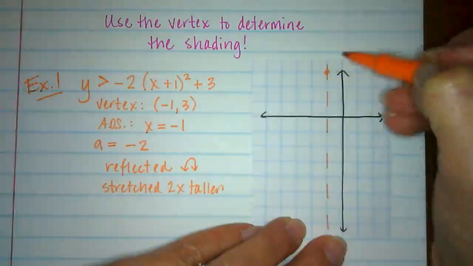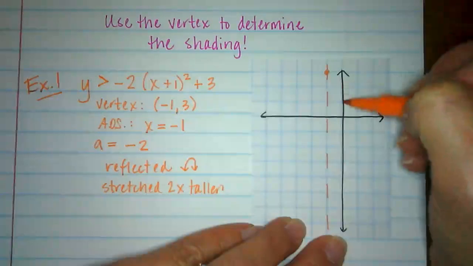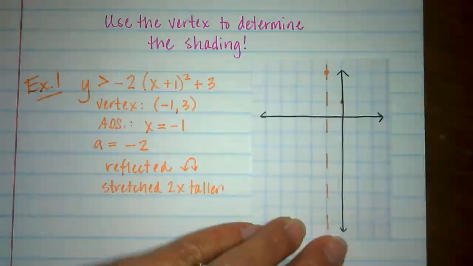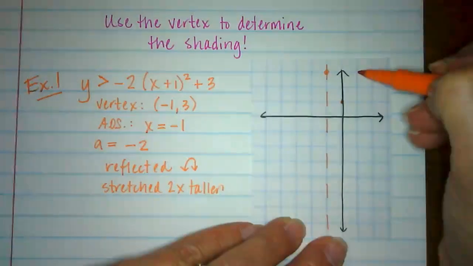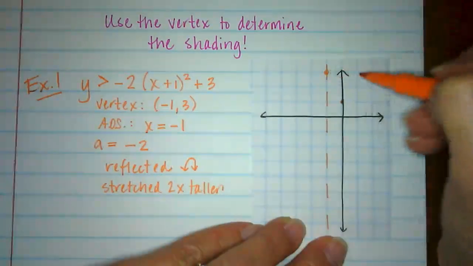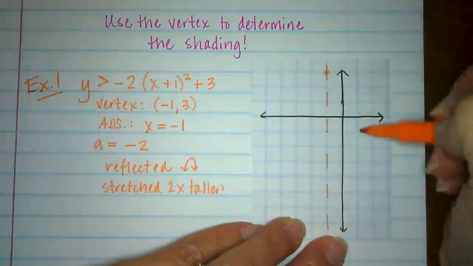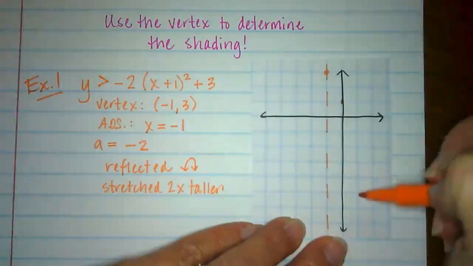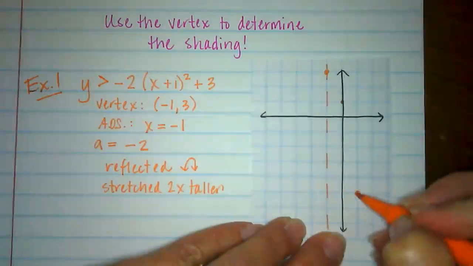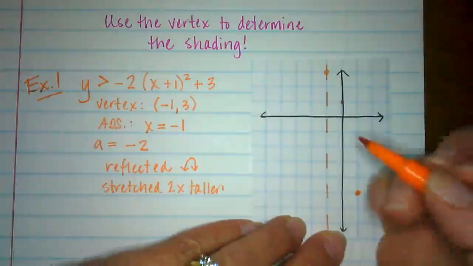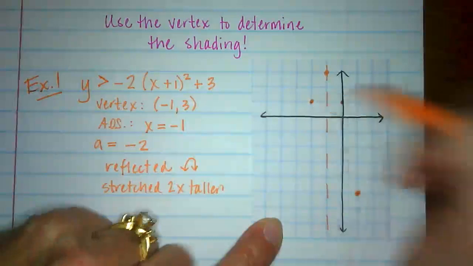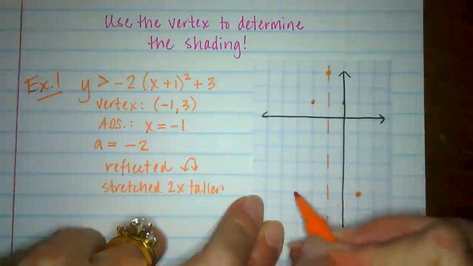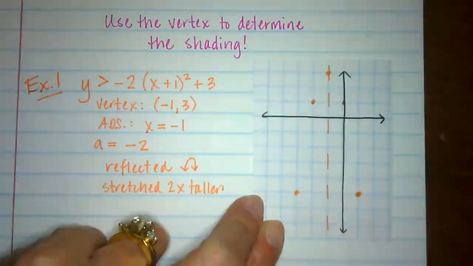So instead of over 1 and up 1, we're going to go over 1 and down 2. So we have a point there. A normal parabola would go over 2, up 4. This one's going to go over 2, but down 8. That's right there. That's all that I'm going to be able to fit. Our axis of symmetry tells us that we have reflection points right there.